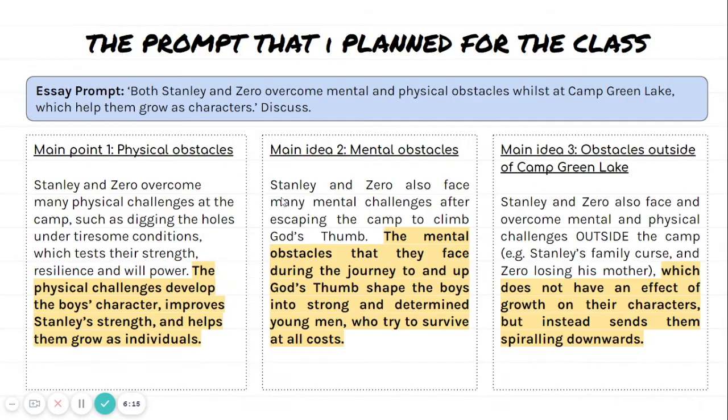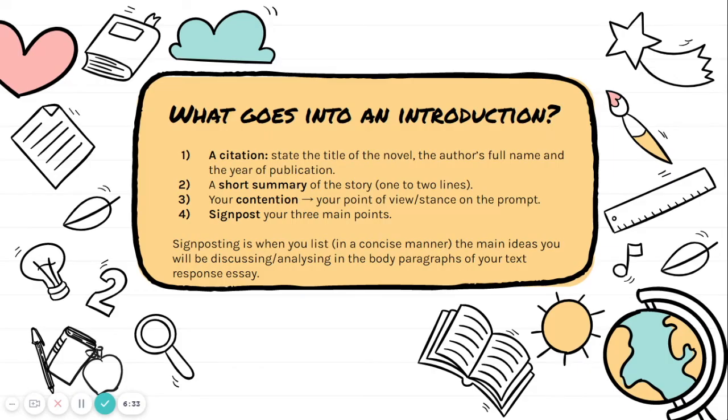So essentially, you just take the 3 main points or the 3 main ideas that you brainstormed from your essay plan, and you essentially just shorten them a little bit and then drop them into your introduction. So the 3 main points that you brainstormed for the essay topics last week actually are essentially your signposting.